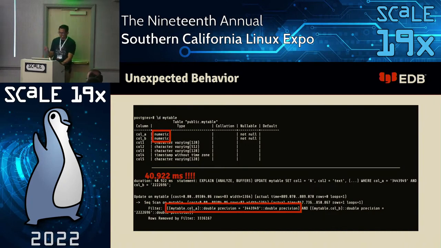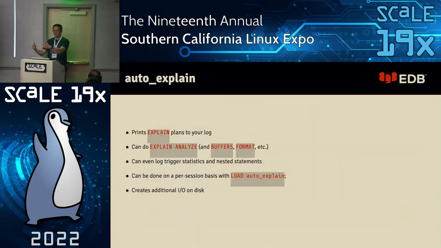Okay, now how do we do that? Because if they're running an application that's doing thousands of queries a second, they can't step in and do explain analyze. The way that we do that is with a module called AutoExplain. This is an extension of Postgres, so you have to load it into your database.